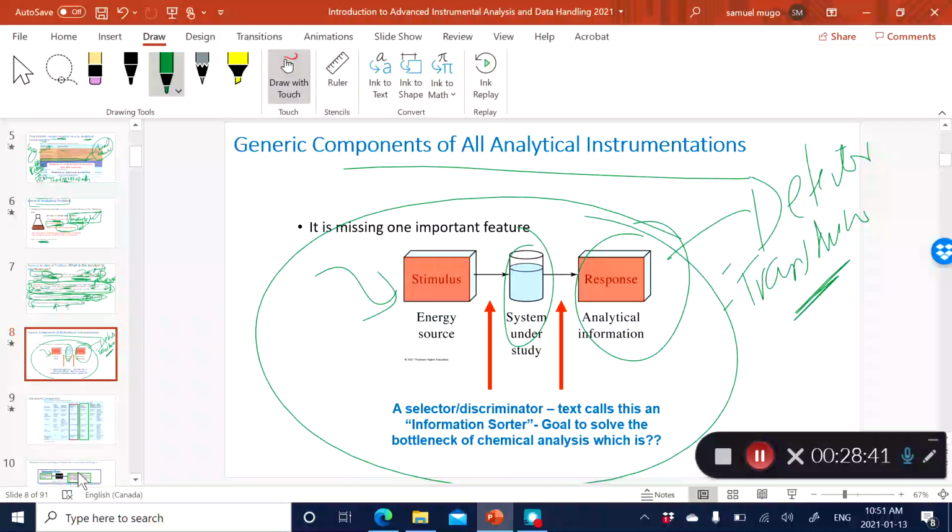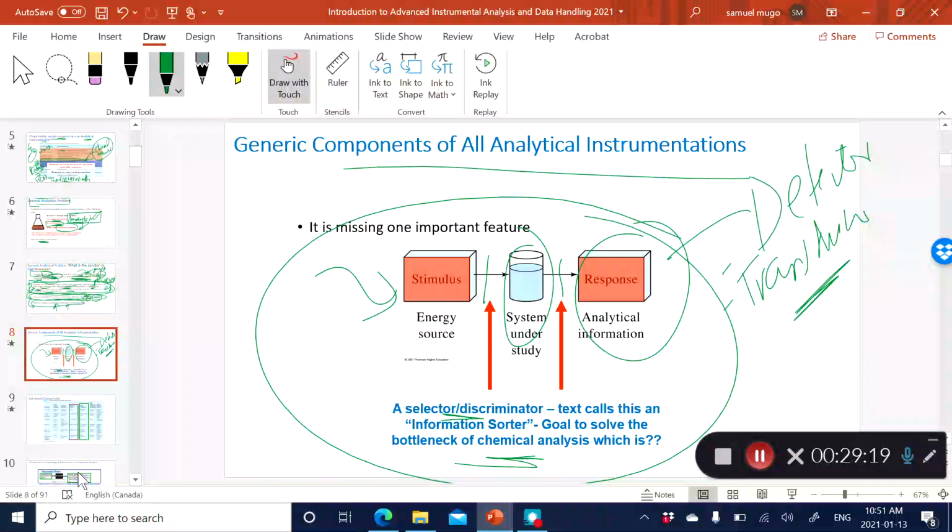Now, you're going to see these arrows are referring to a very important component that is missing in this generic design. The component that is missing in here and in here is what you refer to as the information sorter. The goal of the information sorter is to address the bottleneck in chemical analysis, which is matrix effects.